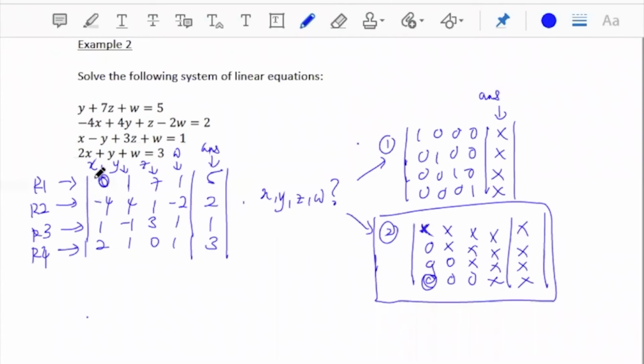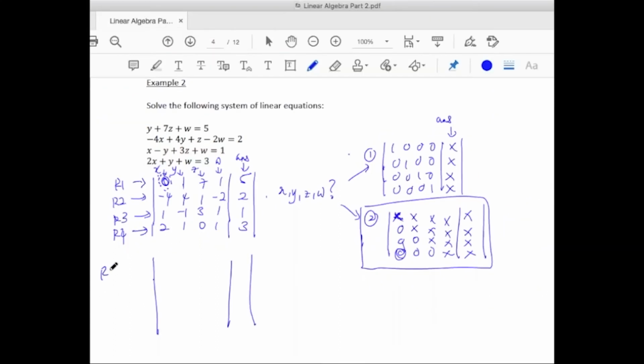For the first step, we start from this coefficient. We have a 0 here, so supposedly we need to convert it into some number. We can use a swap technique where we take from other rows and put it in that row. Let's say we swap row 1 with row 3.